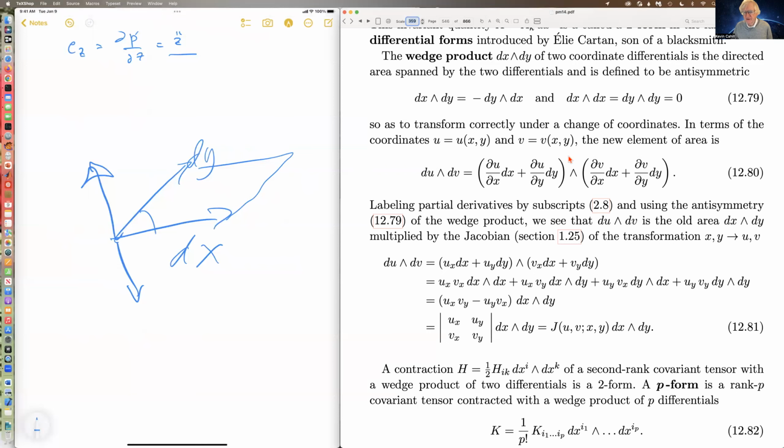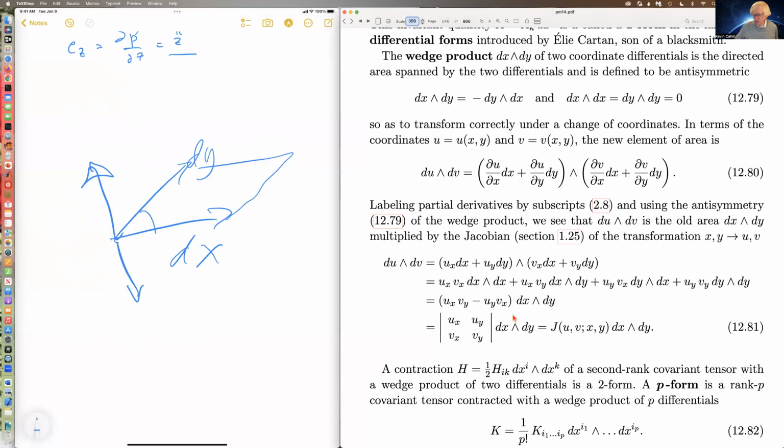But now, what's nice about this is that if you have du wedge dv, well, then you have this structure here for du, and this is dv. And when you wedge it out, what you get, it turns out, is the Jacobian times dx wedge dy.